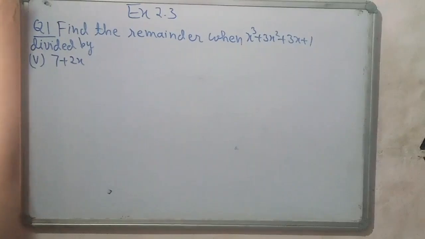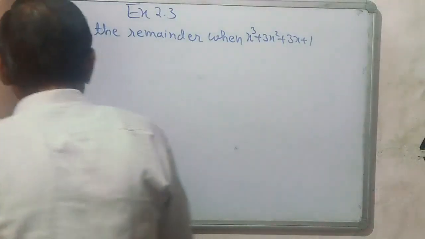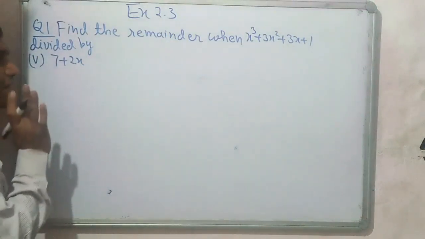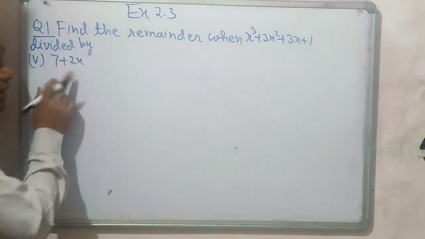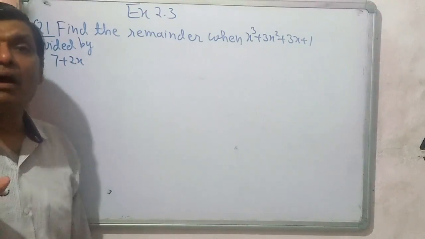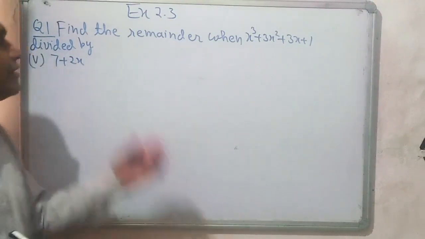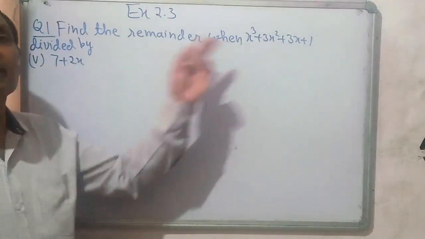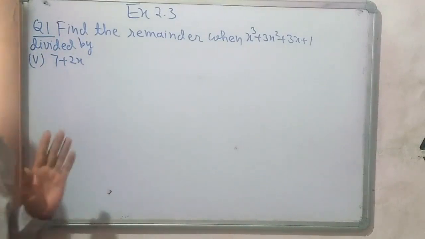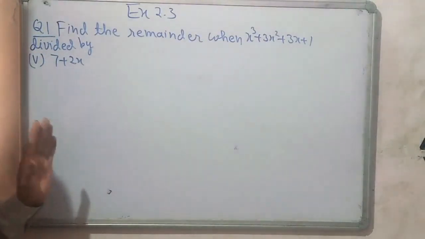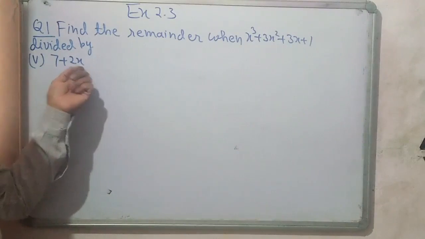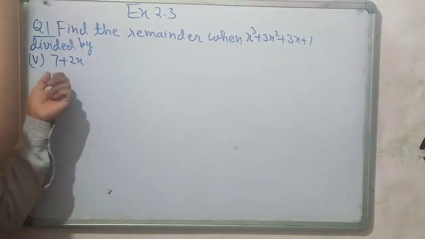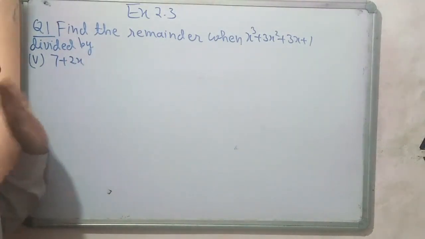Now dear students, in the fifth part, we are asked to divide by 7 plus 2x. The first thing we should remember is that we always have to write the divisor and the dividend in standard form. Writing in standard form means writing in decreasing order of powers of the variable.